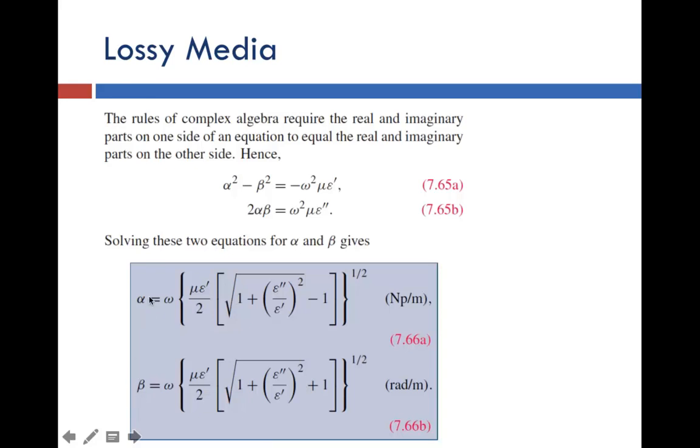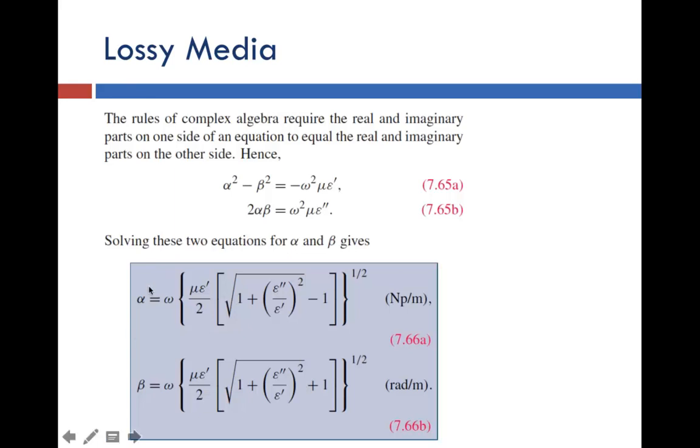Doing some algebra and solving these two equations simultaneously, you can basically get a solution for alpha and beta. So alpha is equal to this expression here, and beta is equal to this expression. Beta will have units of radians per meter because remember it is the oscillatory part, and alpha will have units of nepers per meter because it's going to be an exponential decay.